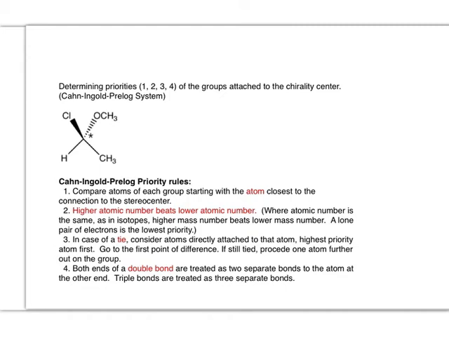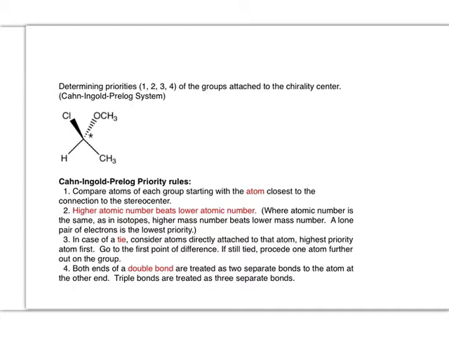This is what we have to do to determine the priorities, 1, 2, 3, and 4, of the groups attached to the chirality center. So I've put an example of a chirality center there with 4 different groups attached to it. The rules go: you compare atoms of each group, starting with the atom closest to the chirality center.